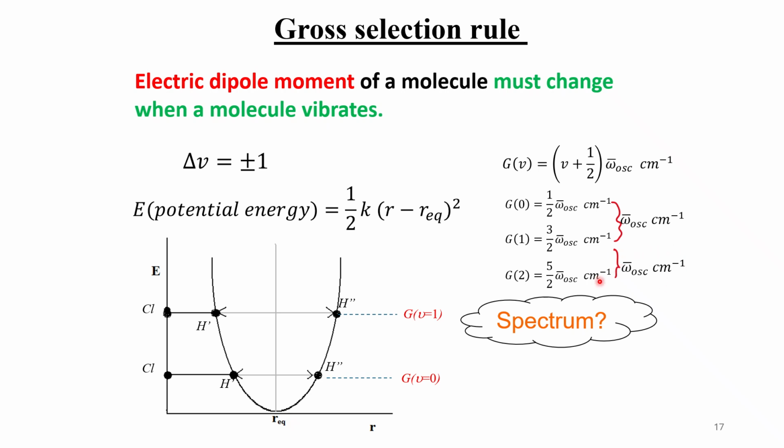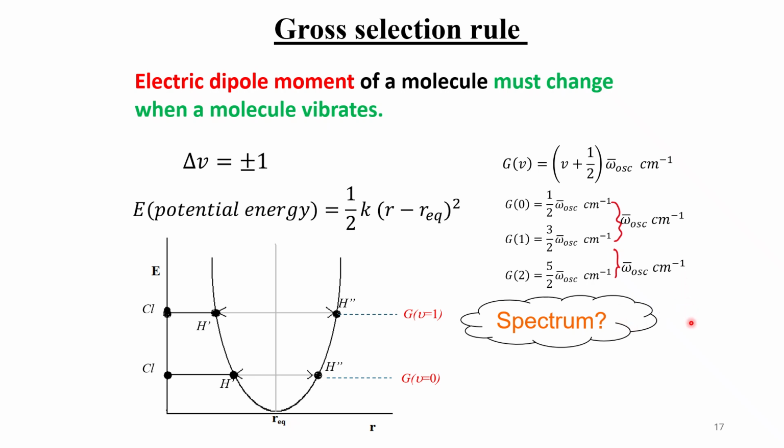Because every transition from V0 to V1 requires the vibrational frequency amount of energy. For V1 to V2, they also require the vibrational frequency wave number of energy to conduct the transition, meaning that each of these transitions will occur with the same amount of energy.